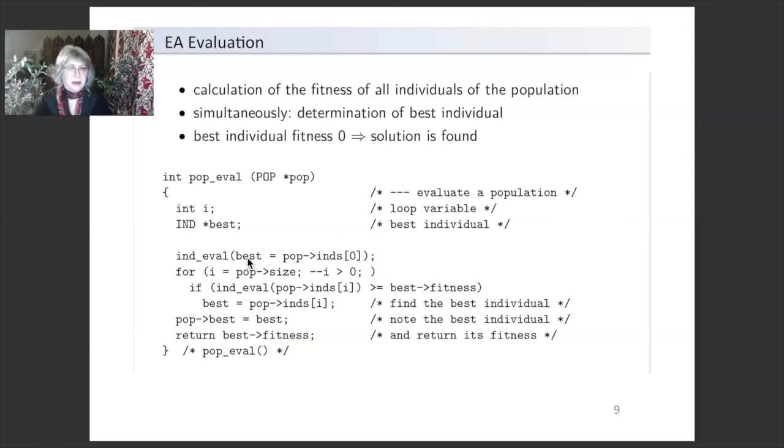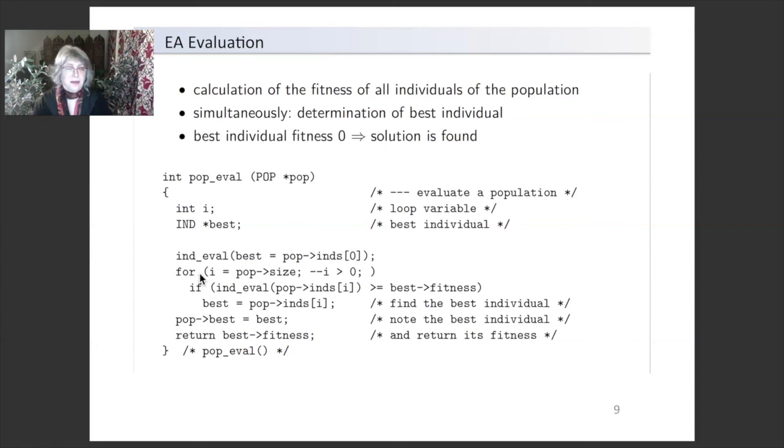We are setting best as the individual at location 0 in the array of individuals of the population. This is the initialization. And after that, we are evaluating the value of the best.